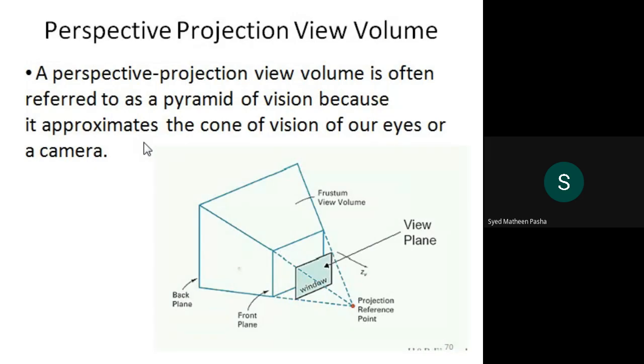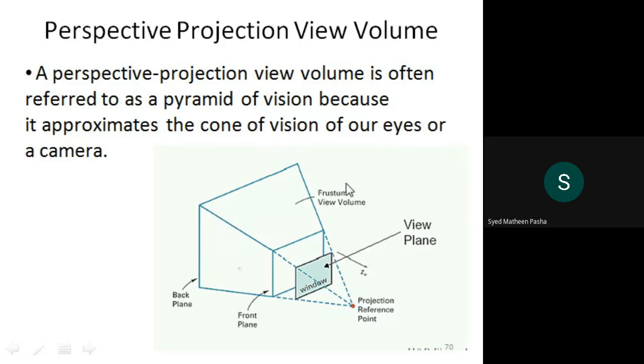Then there is something called the view volume as well, that is the perspective projection view volume, similar to that of parallel projections. The perspective projection view volume is often referred to as the pyramid of vision because it consists of approximations with respect to the cone of vision of our eyes or camera.